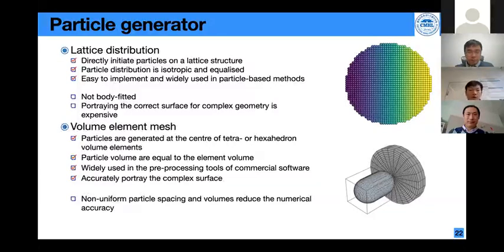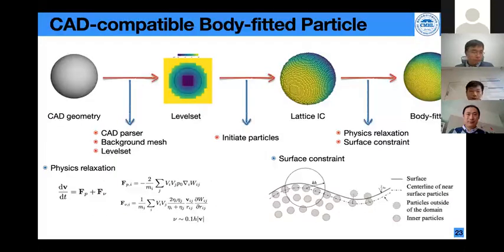So therefore, we have introduced a CAD-compatible body-fitted particle generator. CAD means that this particle generator is started by parsing a CAD file. For example, you can create any geometry using CAD software and output it in an STL or OBJ file.